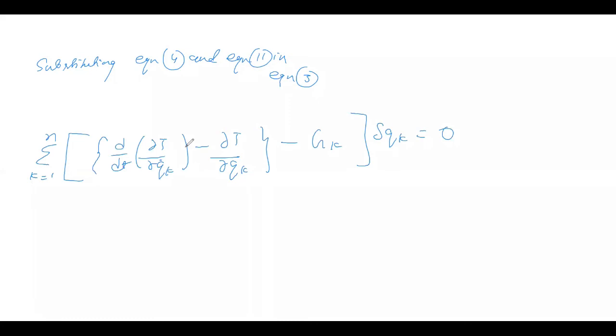Okay, so this part is clear. We have kept this in the formula, sum over i equal to 1 to N of (Fi minus Pi dot) into delta Ri equal to 0.